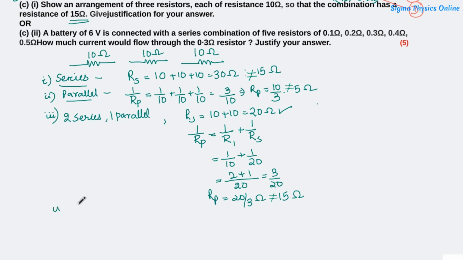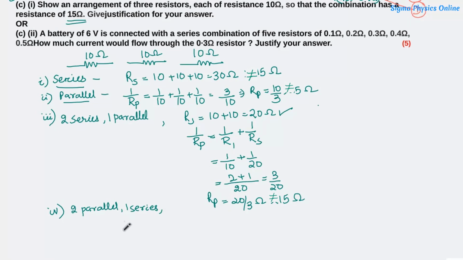So now coming to the fourth combination, we have two in parallel and one in series. Let's see what the answer comes to. So for the parallel ones, it is 1 by Rp is 1 by 10 plus 1 by 10, which is 2 by 10, that is 1 by 5. So 1 by Rp is 1 by 5 and Rp is 5 ohm.